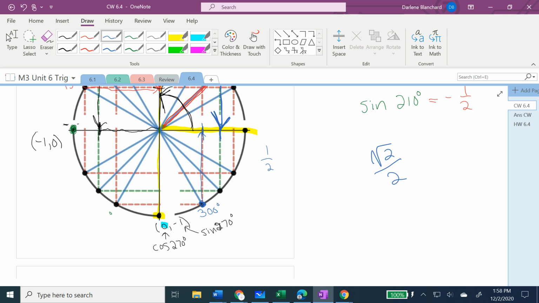So then we look on the map, the sin and cos. If I asked you what is the sine of 300 degrees, you would look at what is the y-coordinate of this point in space.